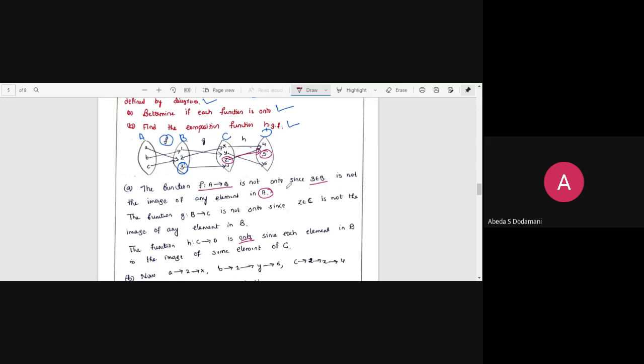Second one is find the composition function of h dot g dot f. How do you do that? Now you have to check: A is going to 2 and 2 is going to X. Where is X going to, guys?